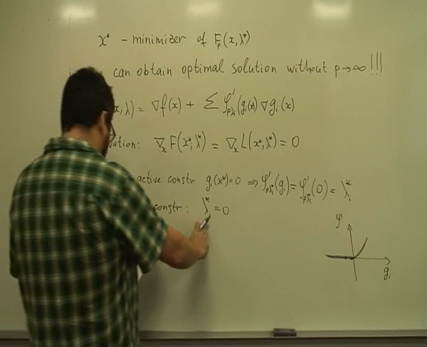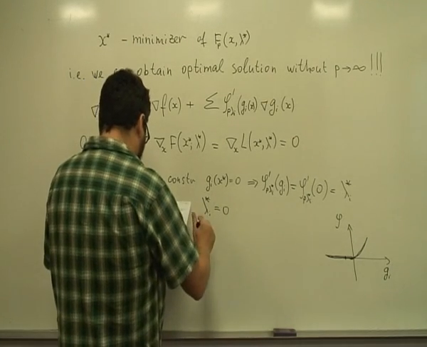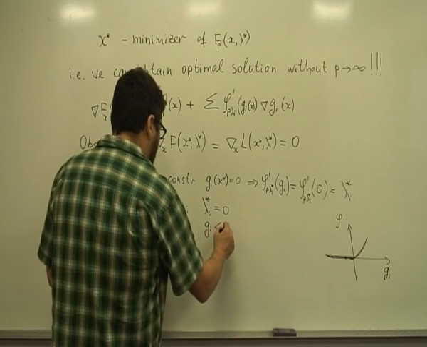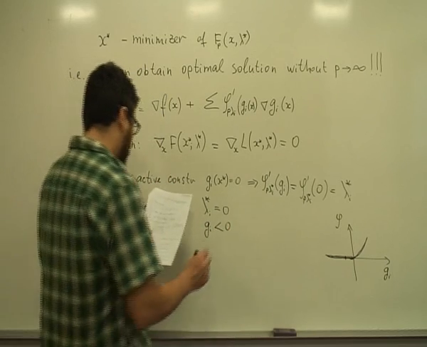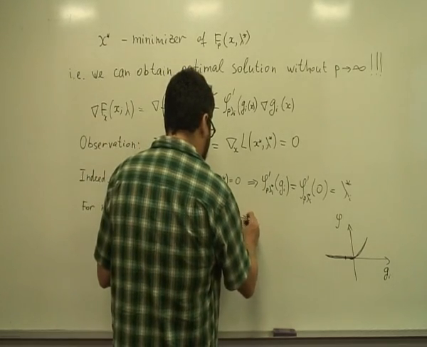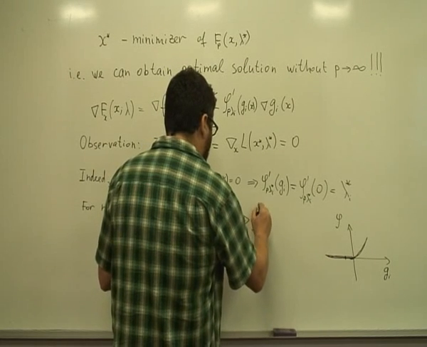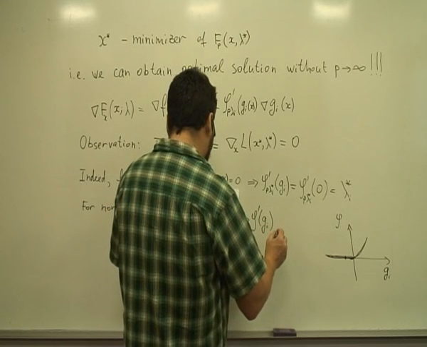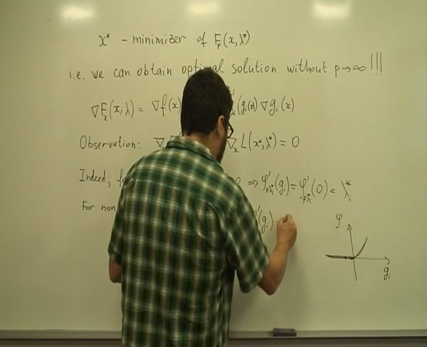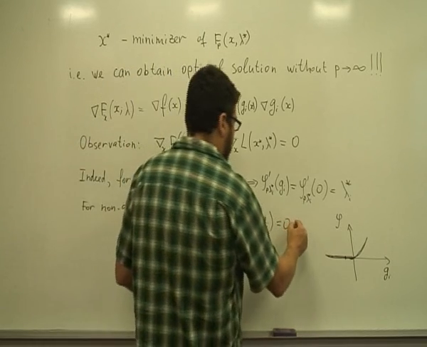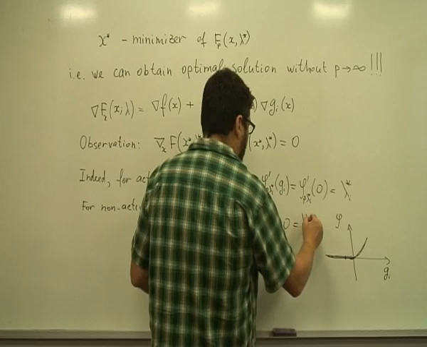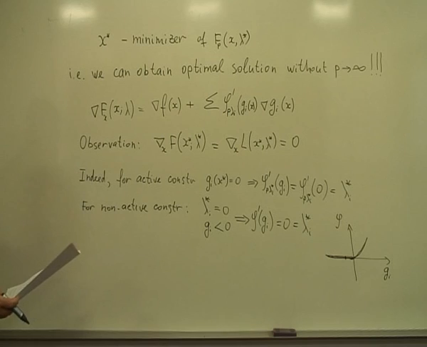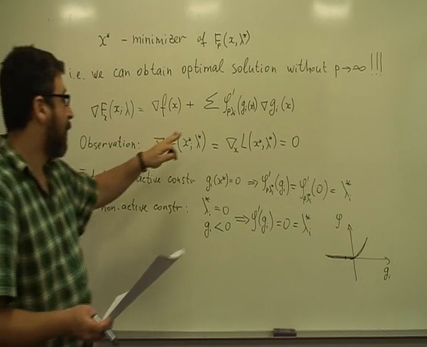So I will write lambda star is 0, and g_i is less than 0, and this means that phi prime of g_i must be 0, and this is exactly lambda_i star.